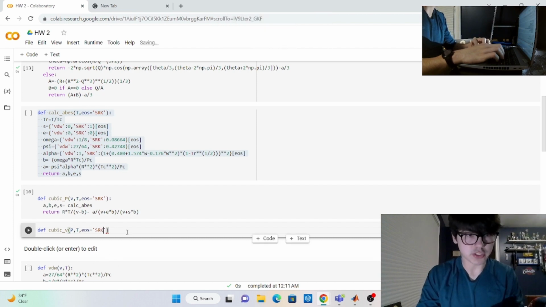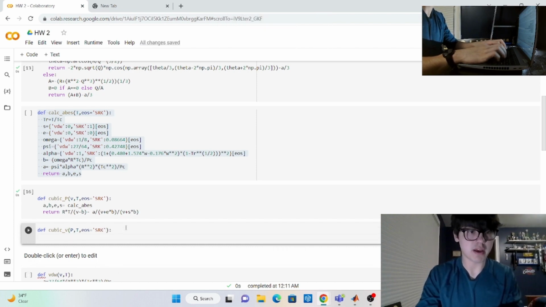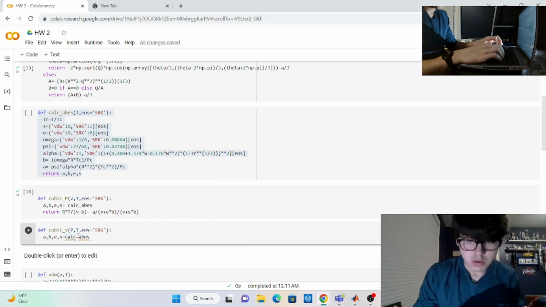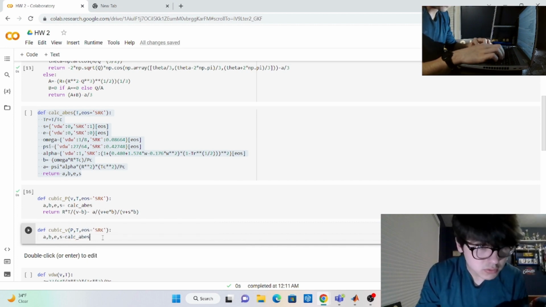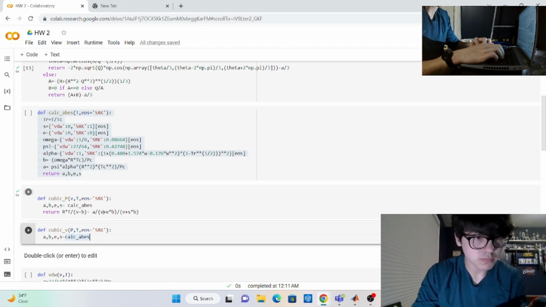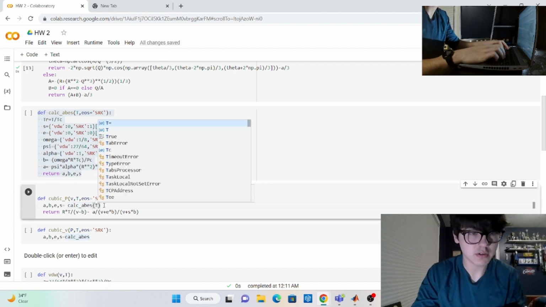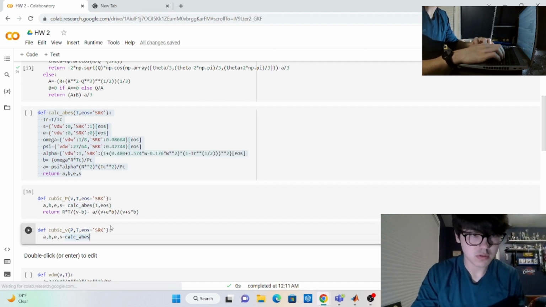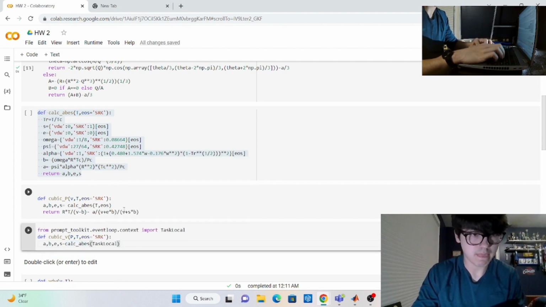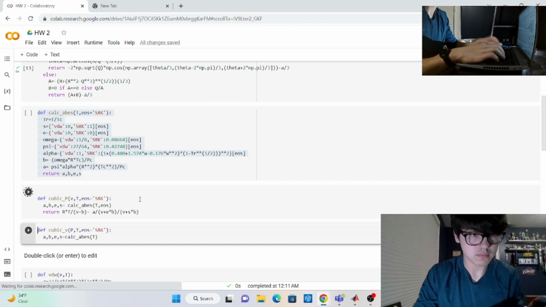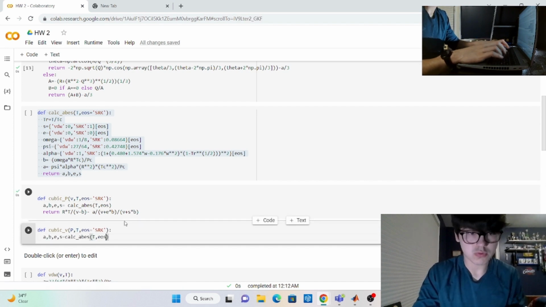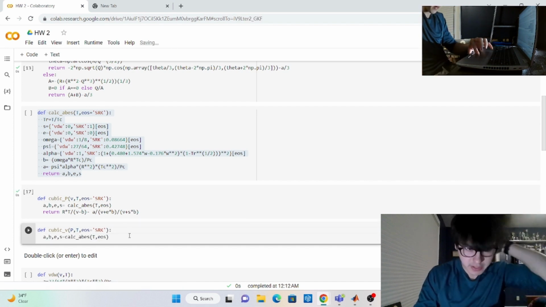And like the other function, it's going to start off with A, B, and S equals calculate underscore A, B, and S. Calculate A, B, and S there.